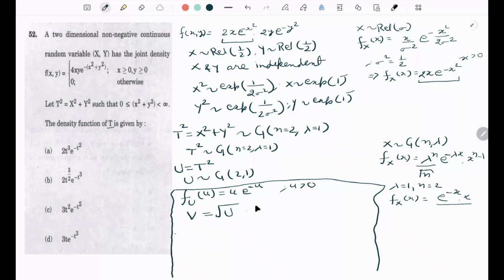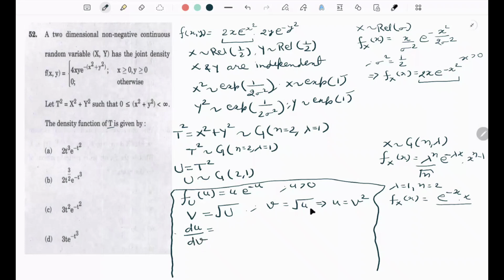Now we can write small v equals square root of u. From here we can write u equals v². Why are we separating u here? Because we have the PDF of u and we want to find the PDF of v.